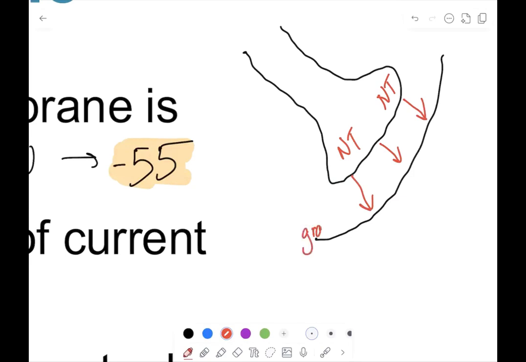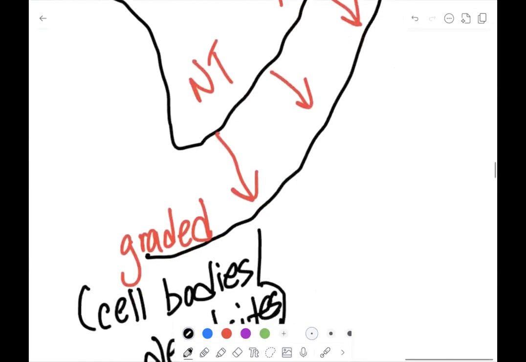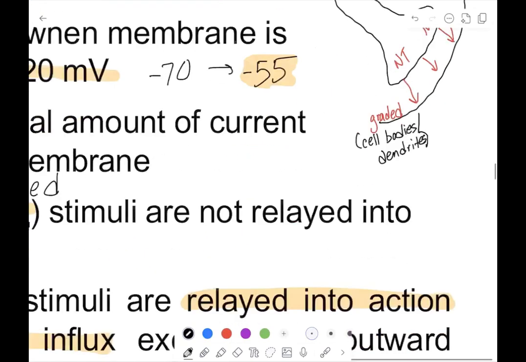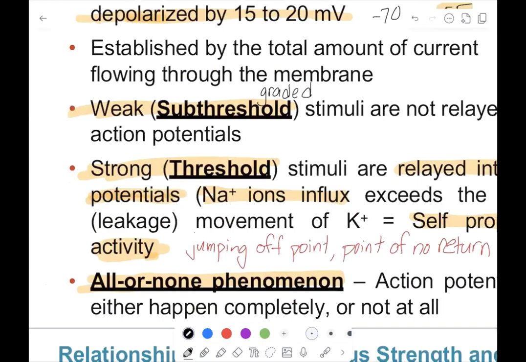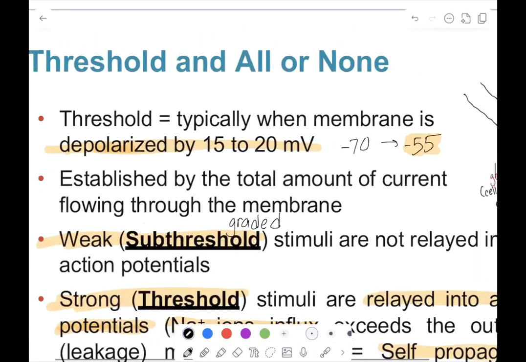That is called a graded potential, which you've learned about, and that's going to be on cell bodies and dendrites. However, what we just discussed was an action potential, and the action potential is going to go on only on the axon.